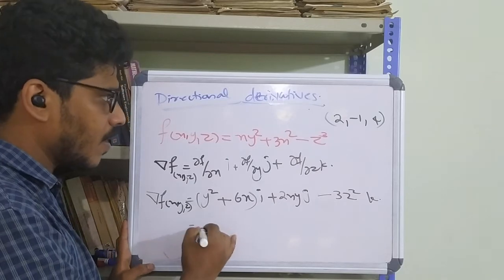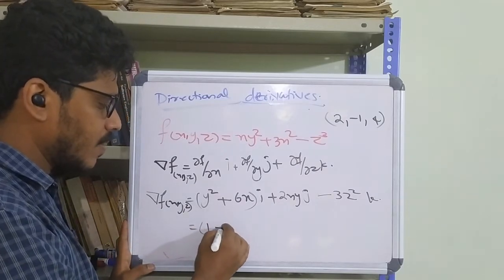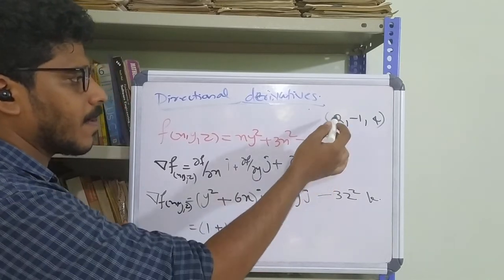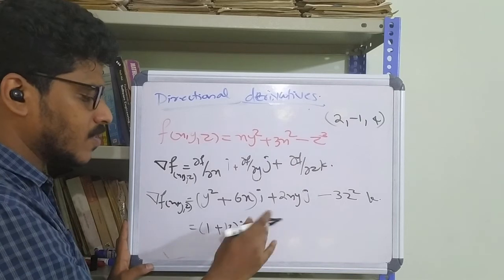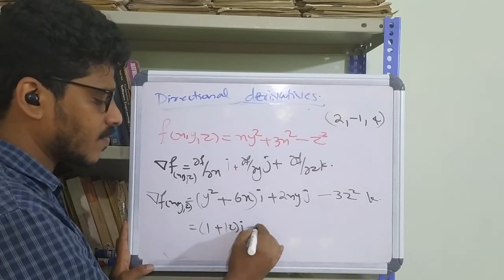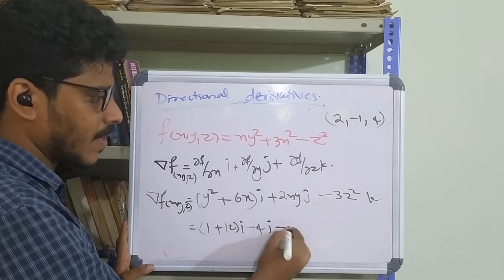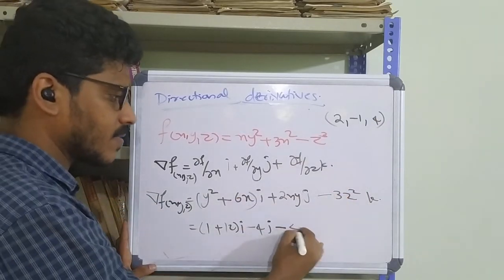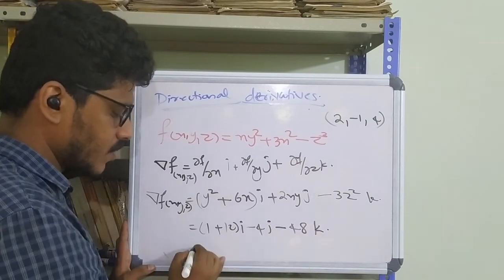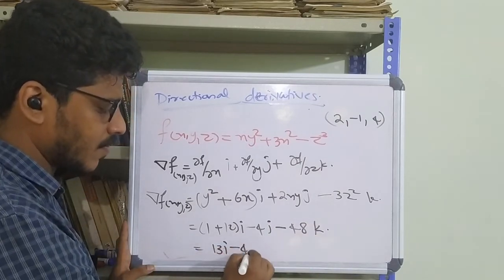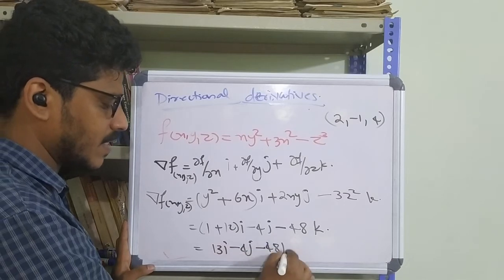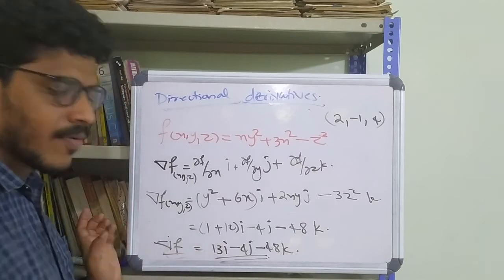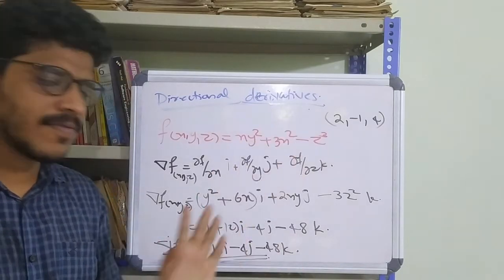So that will be minus 1 square, which is 1, plus 6 into 2, which is 12, i, plus 2 into x into y. 2 into minus 1 is minus 2, so 2 into minus 2 is minus 4, minus 4j, minus 3 into z square, 4 square is 16, 16 into 3 is 48, 48k. So this is nothing but 13i minus 4j minus 48k. So this is the gradient of f at 2, minus 1, 4.